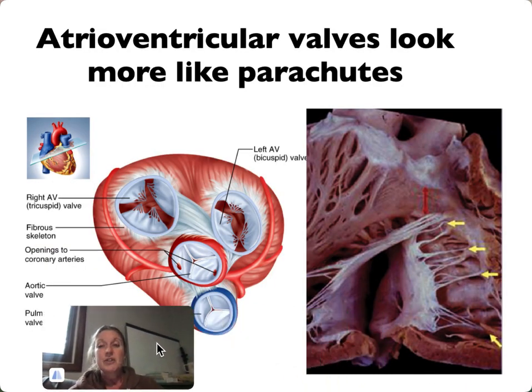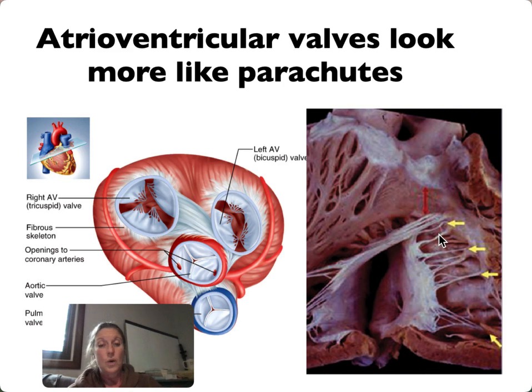Whereas the atrioventricular valves look more like parachutes. So if this is the part of the parachute that's catching the air, these are the strings going down to whoever is at the bottom of the parachute. Same thing here. Now these cords, which are known as the tendinous cords, are attached to little pieces of muscle that look like fingers coming out of the ventricle.